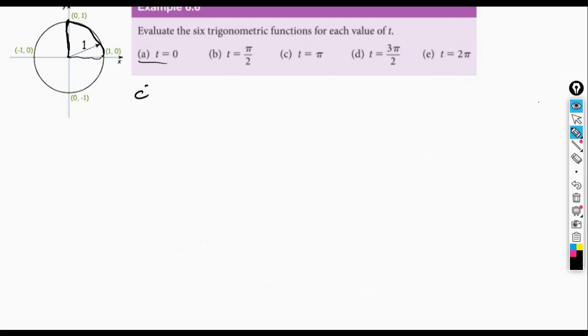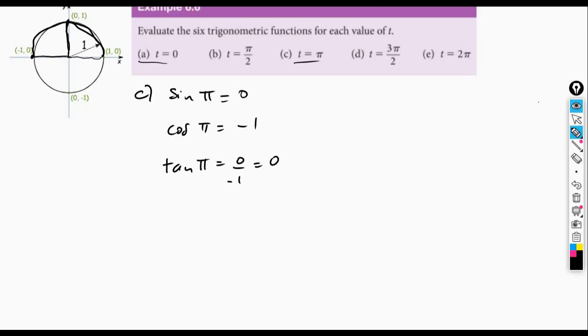For C, they want us to find the trigonometric functions for t equals pi. That would be over here. Pi is 180 degrees, so that means all of this. Again, sine of pi is the y-coordinate, so 0. Cosine of pi is -1, and tangent of pi is 0 divided by -1, which is just 0.